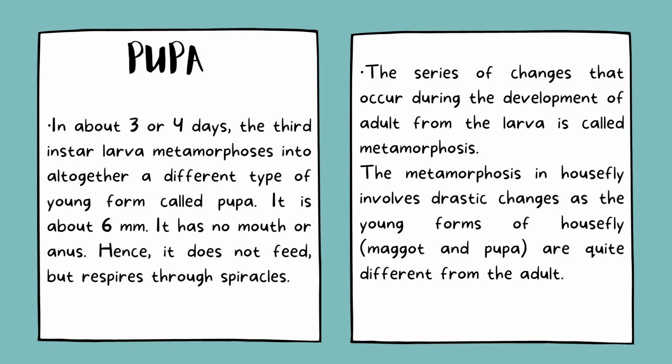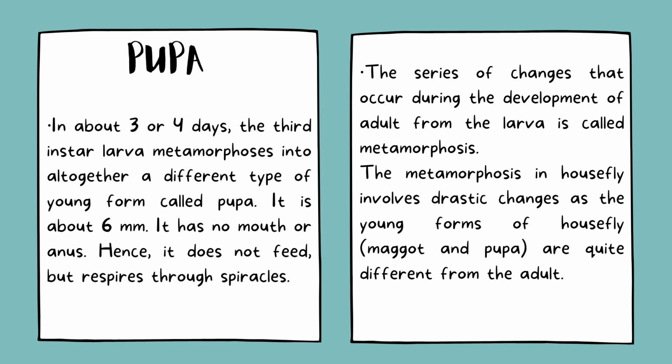Next is pupa. In about 3 or 4 days, the third instar larva metamorphoses into altogether a different type of young form called pupa. It is about 6 mm. It has no mouth or anus, hence it does not feed, but respires through spiracles.